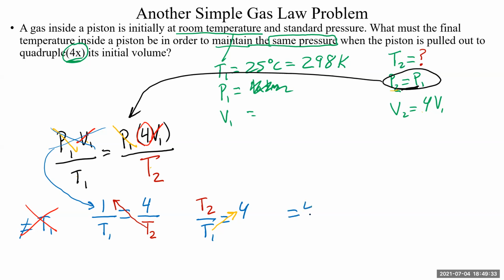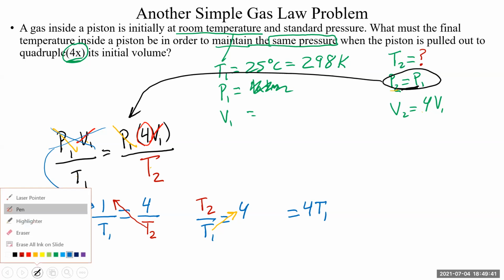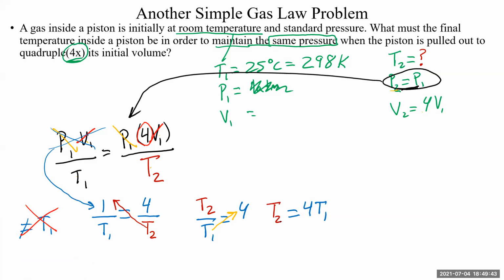So that's going to equal 4 times T1. T2 equals 4 times T1, and that equals, well, we already know for T1, 4 times 298 kelvins is going to equal, what is it, 1192 kelvins, if I'm not mistaken.